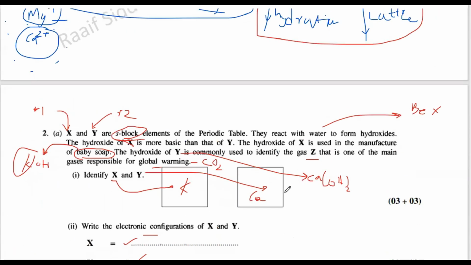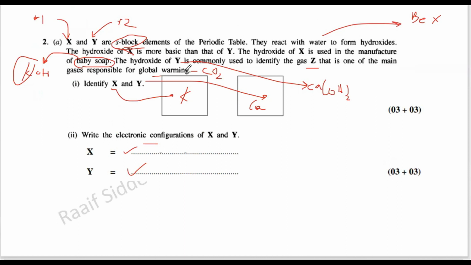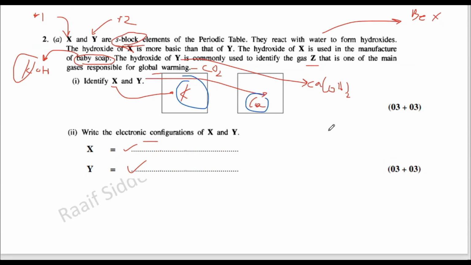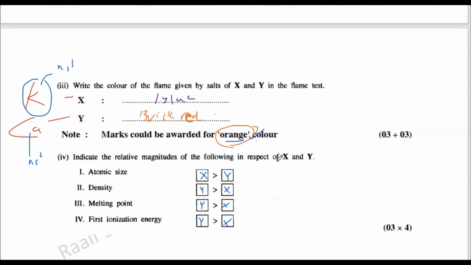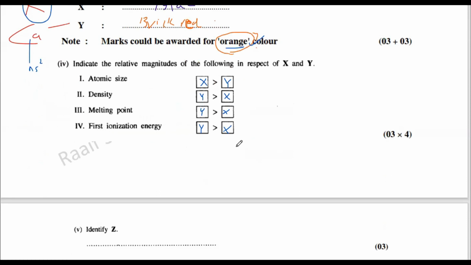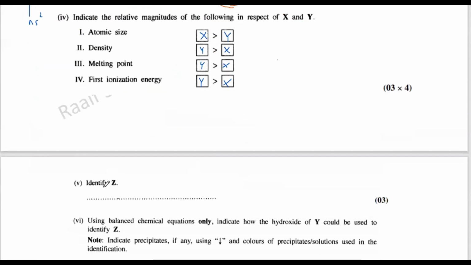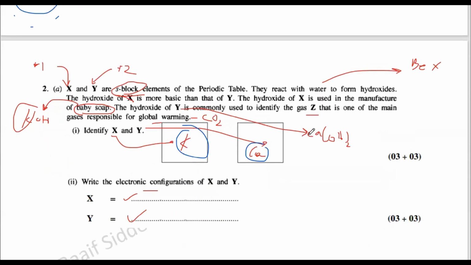So this question is not hard and it gives a basic idea. They have given all the basic information that you need to identify these two elements. Then there is a simple question on electronic configuration, the flame test and some periodic properties. Okay, and identify Z. So what is Z here?